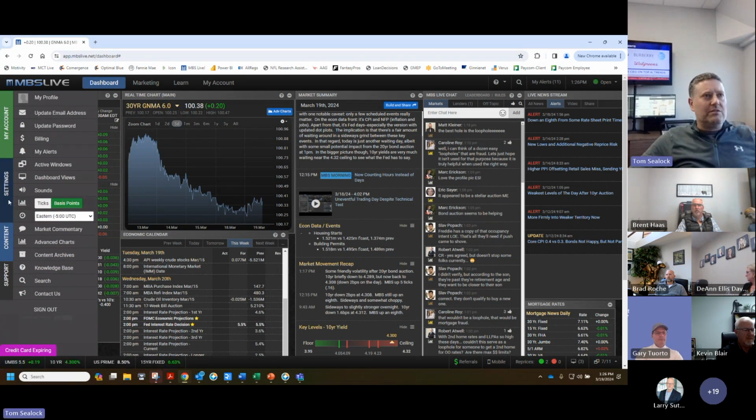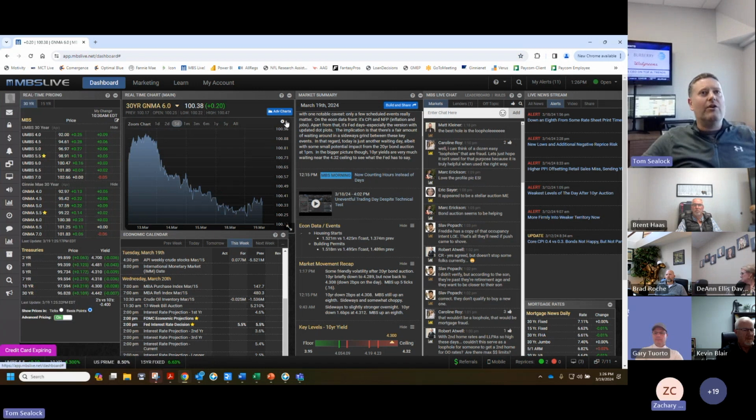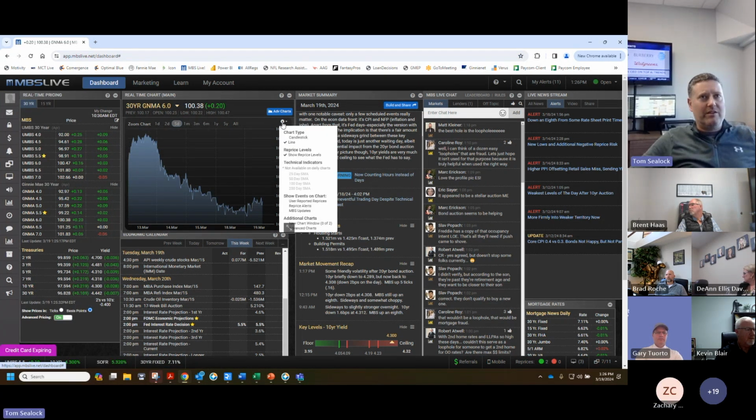Settings. If you click that little wheel underneath advanced charts, right there, line or candlestick. There you go. Thank you. Yeah, that's cool looking.